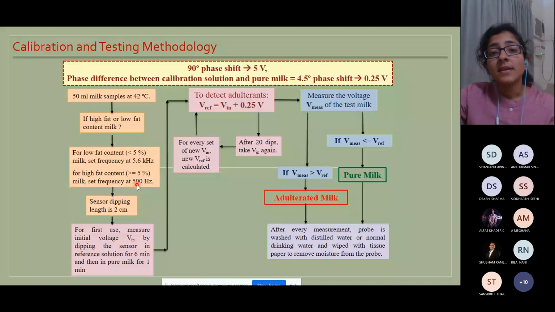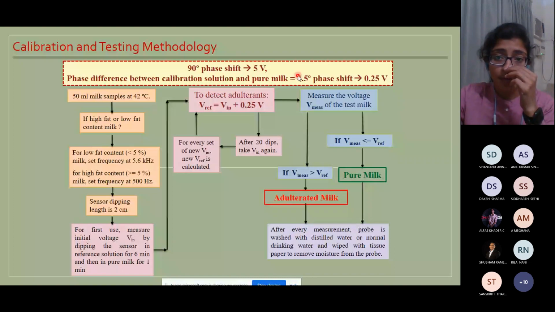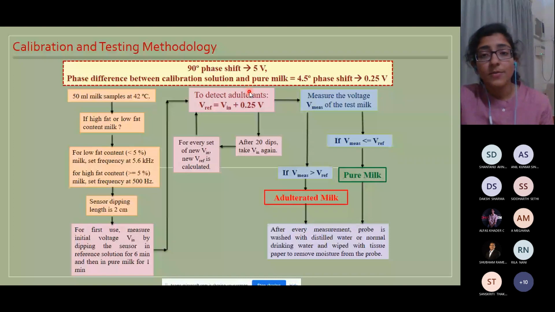Then you have a reference voltage. That reference voltage is experimentally found, because we found that the maximum phase shift occurs between the calibrating solution, that is the NaCl solution, and the pure milk. We converted that phase shift into 0.25 volt.